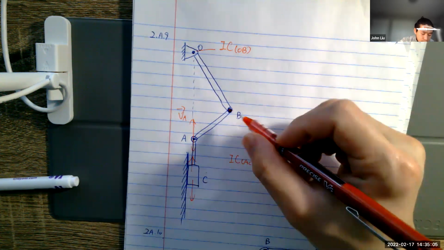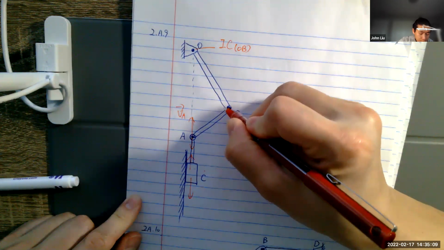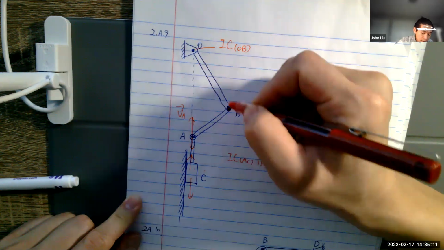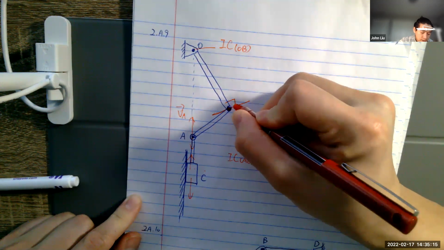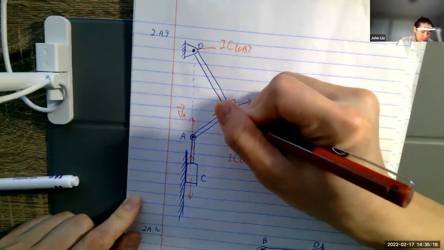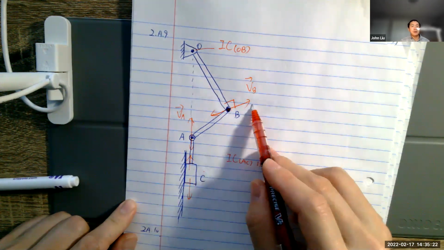So the direction of motion at point B is perpendicular to that bar OB. You draw 90 degrees. So VB is going in this direction.